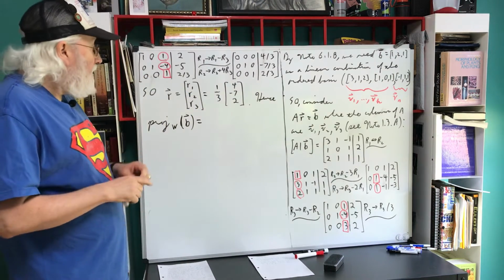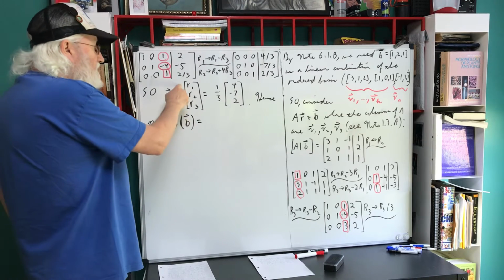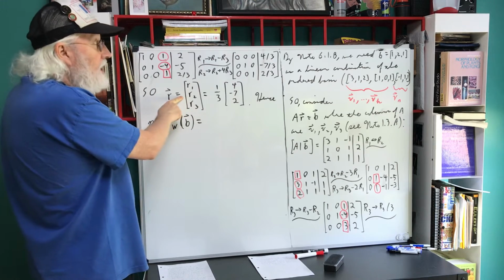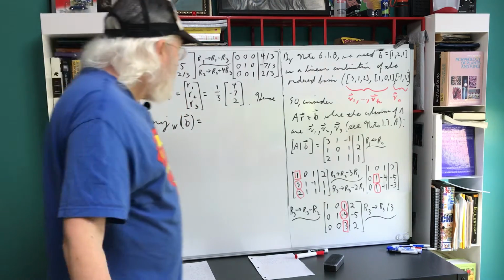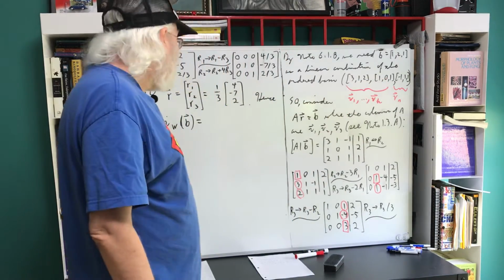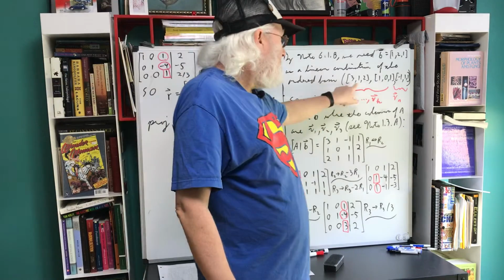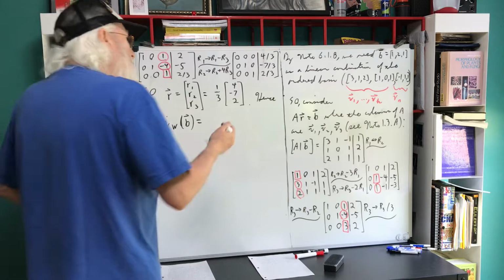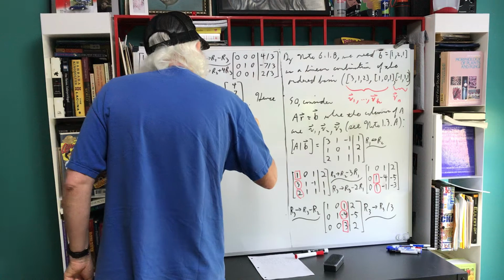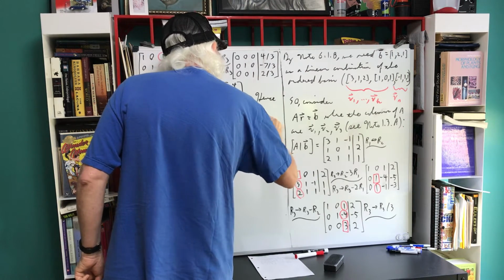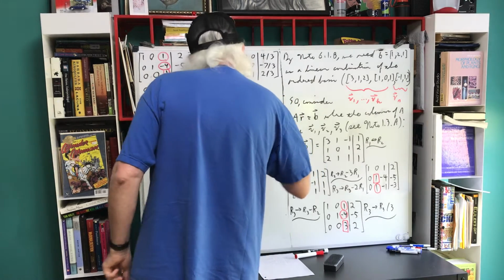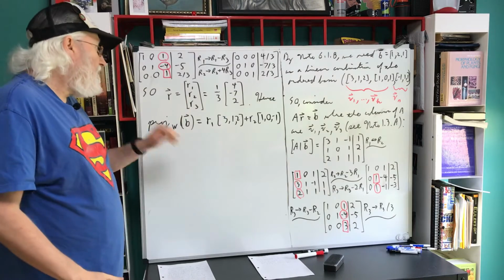And the way we found that was, we took the first R value, the second R value, and so forth, depending on how many vectors were in the generating set of space W. Okay, there's only 2, so we'll just take the first 2. So what we get here is R1 times the first vector, 3, 1, 2, plus R2 times the second vector, 1, 0, -1. That's how you find projections onto subspaces.